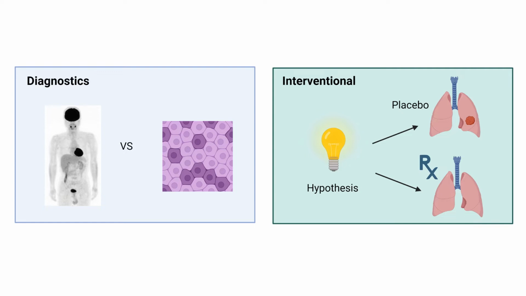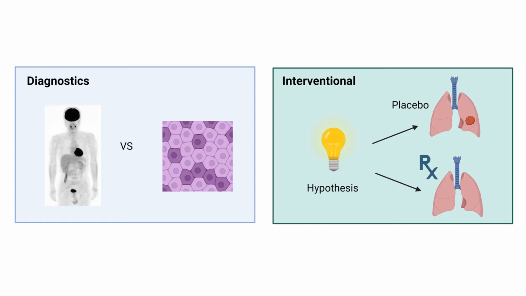The major difference is that interventional studies have a control group, which is your placebo group, compared to some treatment outcome, and you measure these, whereas diagnostics most often compares a diagnostic procedure versus a gold standard procedure like blood tests or histology or something like that.